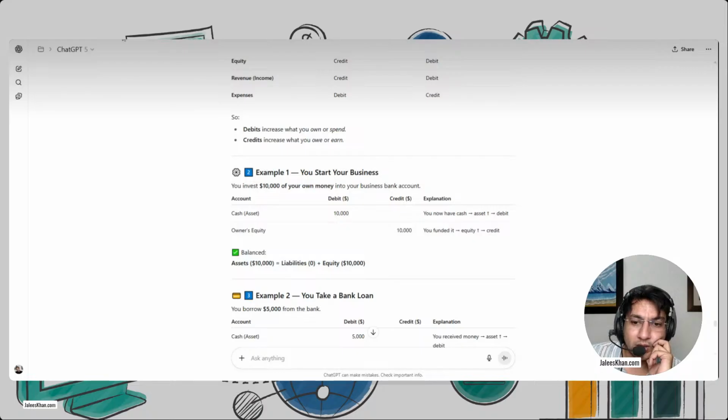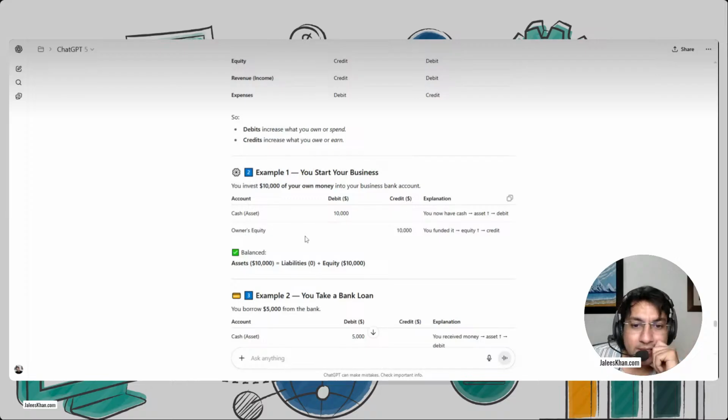You start your business, you invest $10,000 of your own money in your business. So that amount is going to be a debit in the business because it is going to land in my business account. And from my personal bank account, it is going to be credited because that's the starting part of the transaction.